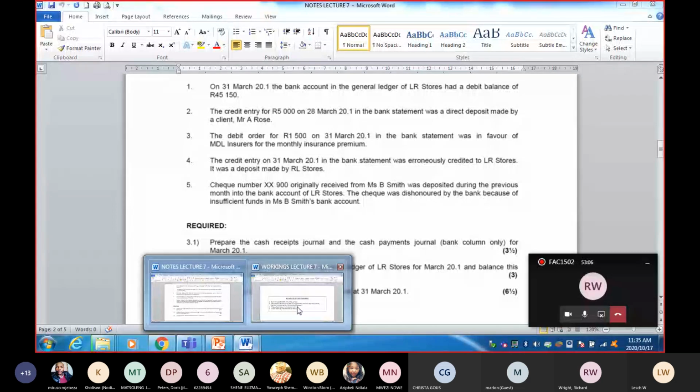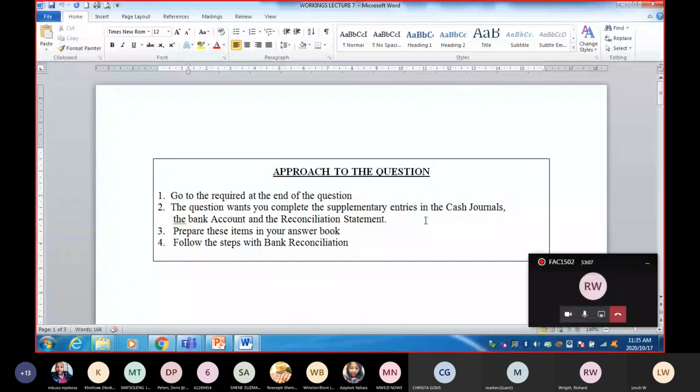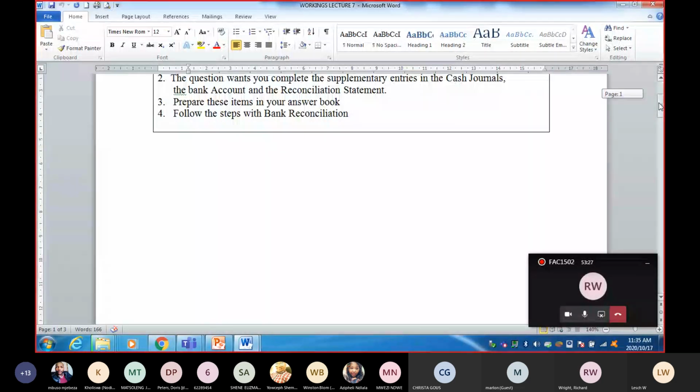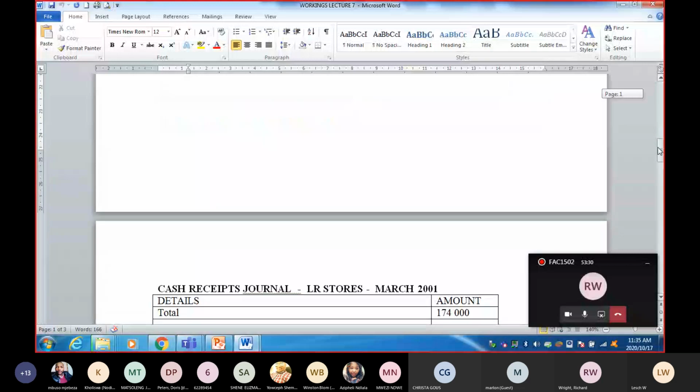So if we go down to your workings, I hope you can see that. In the approach to your question, I state that you must go to your required at the end of the question. The question wants you to do the journals, and you prepare these in your answer books, and then you follow the steps with your bank reconciliation.